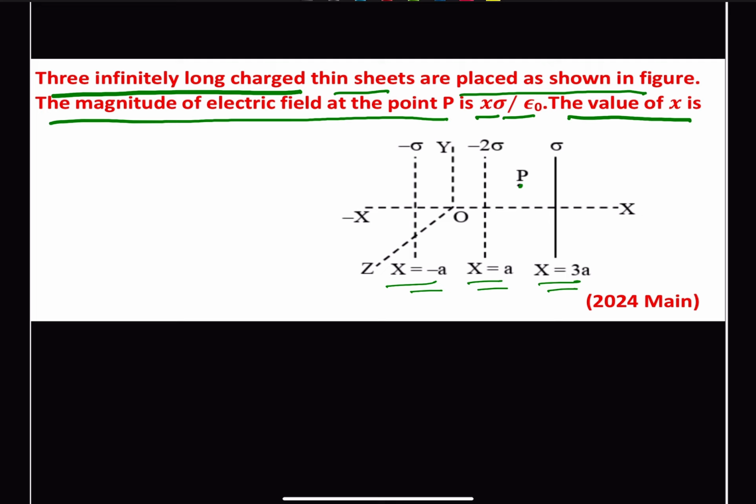In this case, we have to remember, in case of a thin sheet, the distance between the plate and the point doesn't matter. It's independent, basically.